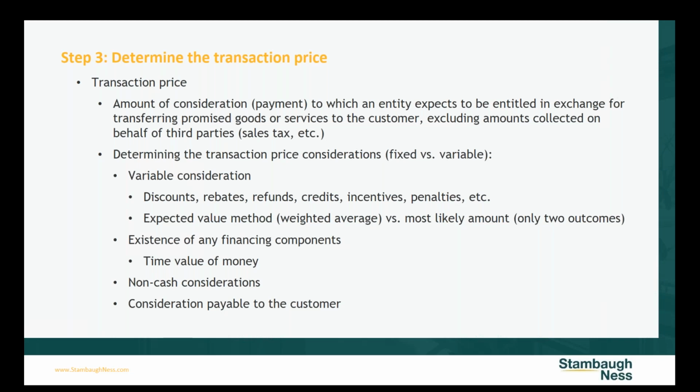So then there's a couple different things that play into determining the transaction price. There essentially can be a fixed price and a variable price. Some considerations that go into variability are discounts, rebates, refunds, credits. There could be other incentives or penalties.